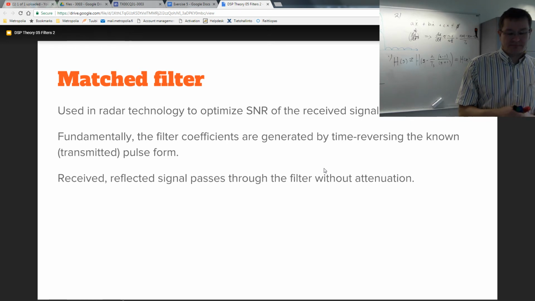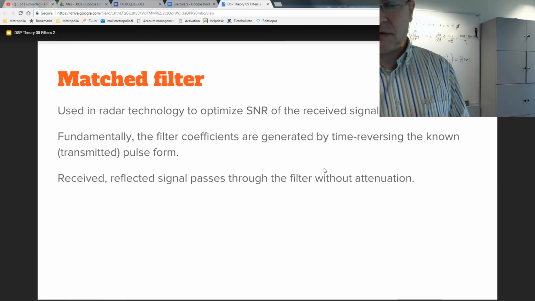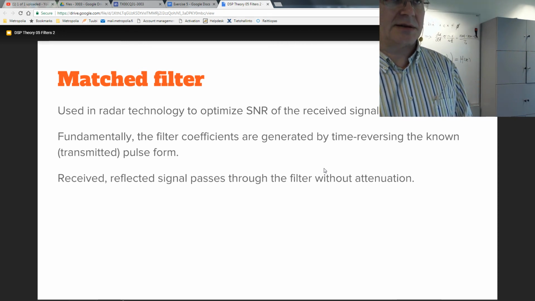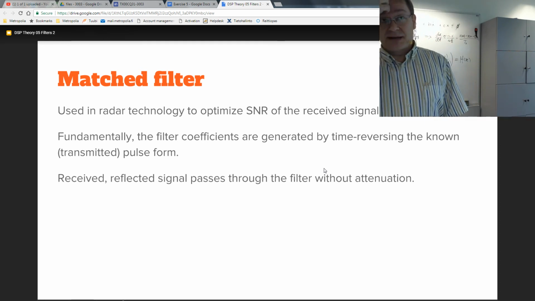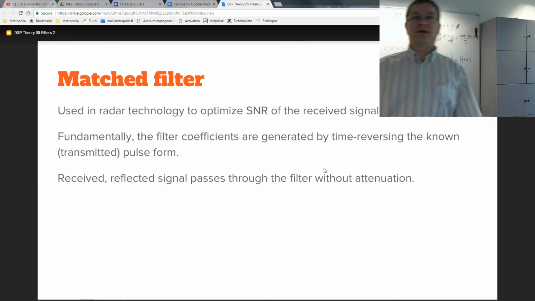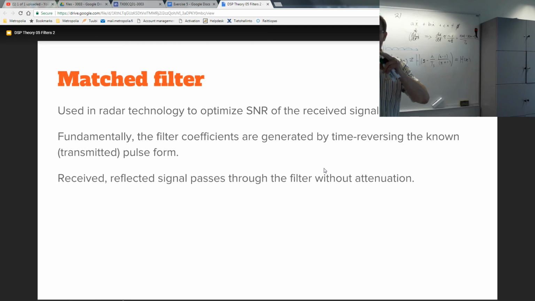Matched filter. It's actually also a kind of special filter used with all kinds of measurements. Basically, the idea is quite simple. If you know what you're looking for, for example an echo of something, like echo cancellation on phone lines, you know what you are transmitting, so you can make a filter based on that one, or an inverse filter, and remove anything that is reflected back.